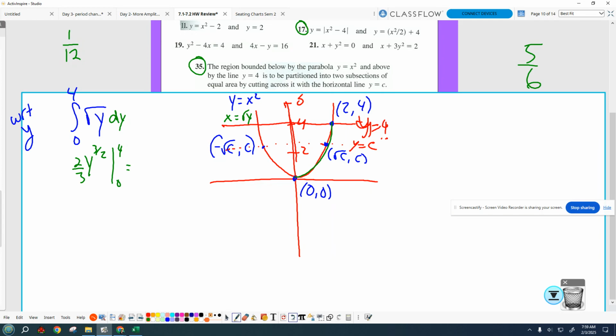Y, 4 to the 3 halves, square root first, and then cube it, so square root of 4 cubed is 8, 16/3. That's the area of the whole thing. How does this help me? Divide by 2 is useful.